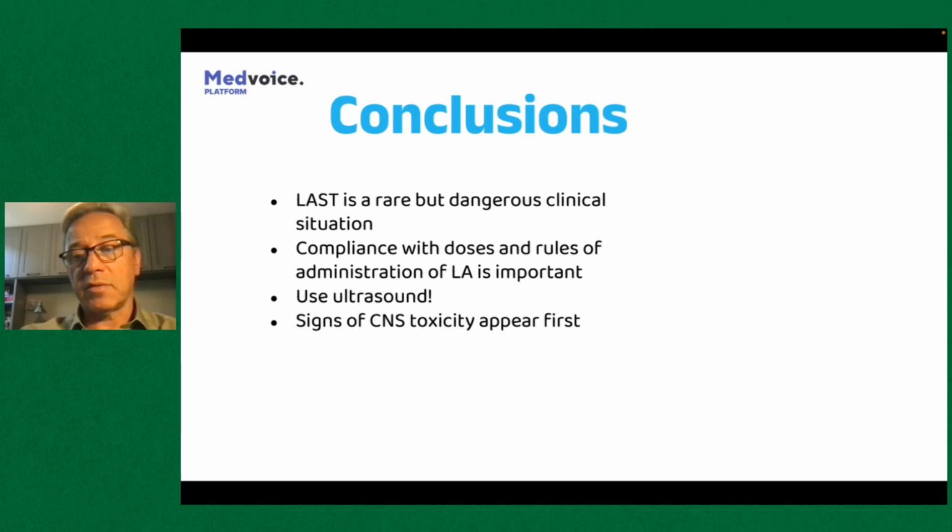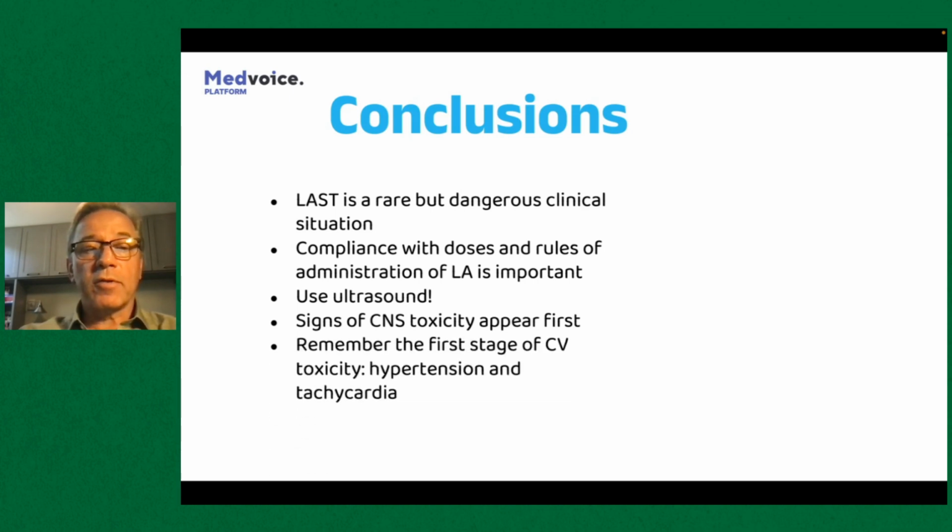So look for the signs of CNS toxicity. If your patient tells you they've got circumoral numbness and tingling in their tongue and in their lips, be very careful, stop injecting. Remember, the first stage of CNS toxicity is hypertension and tachycardia. If it's crashing blood pressure, bradycardia, that is the second stage, and it could be too late.